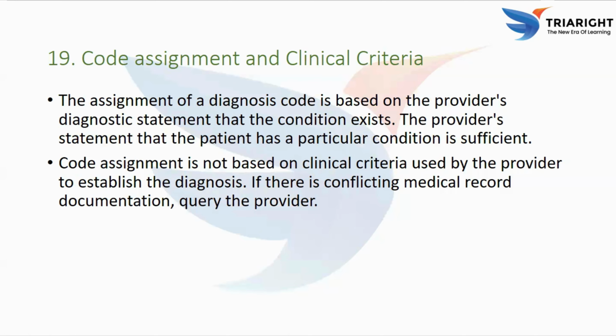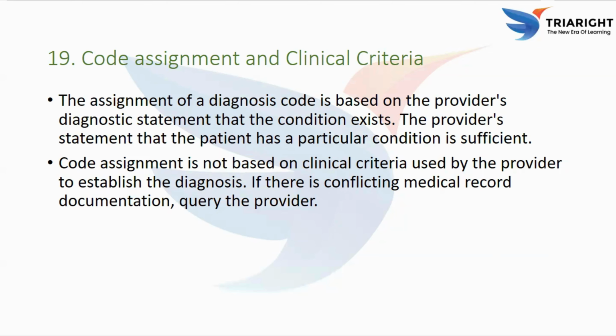If the medical record has conflicting information, the coder must ask the provider for clarification before assigning a code. So whenever a conflict or confusion arises, you must query the provider before assigning a code. This helps in maintaining accuracy.